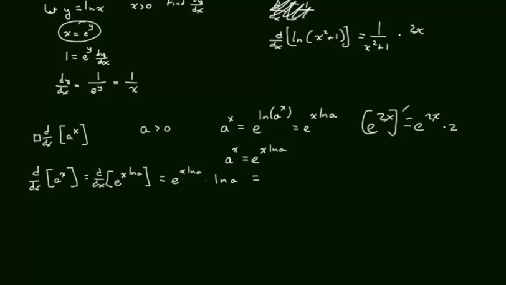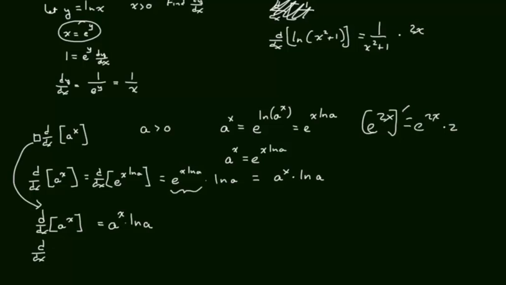Now that's a little bit awkwardly written, so we already know that e to the x ln a is actually a to the x, but now we have this trailing natural log of a here. So I'm just going to come down here to write it. The derivative with respect to x of a constant to the power of x is equal to a to the x times natural log of a.